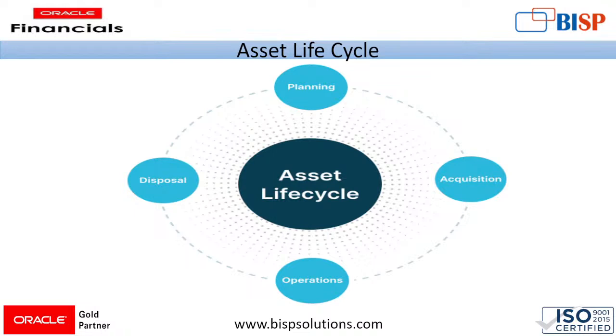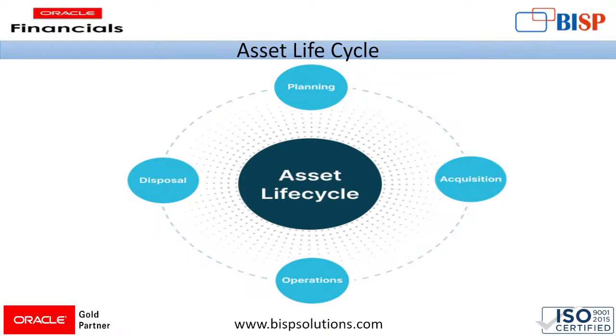And operations and maintenance, this stage indicates the application and management of assets, including insurance, verification, AMCs, etc. Right, that is the operational part. And last but not least, disposal, the end of the asset life cycle.